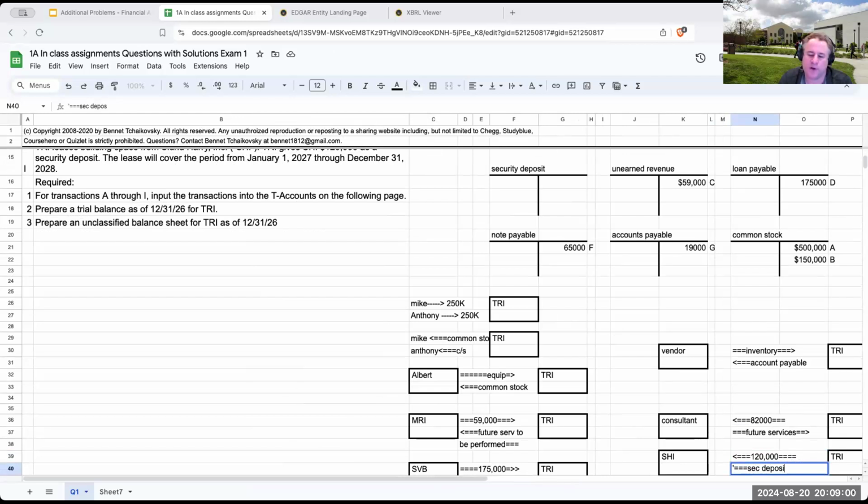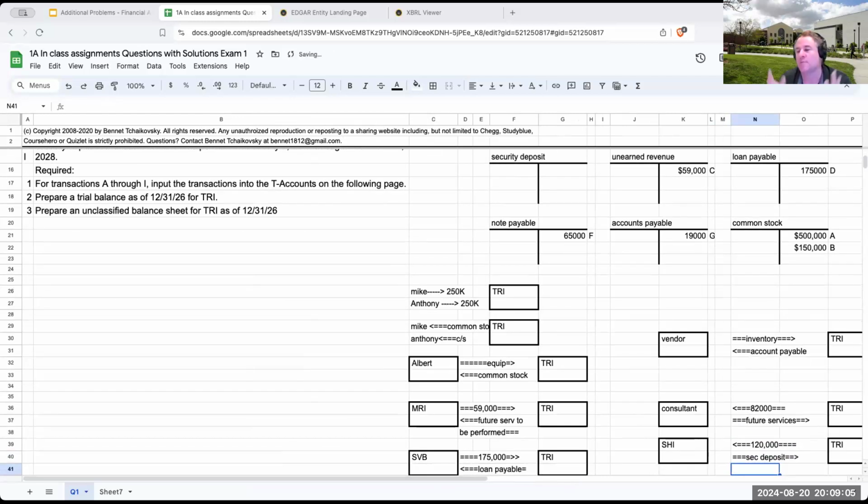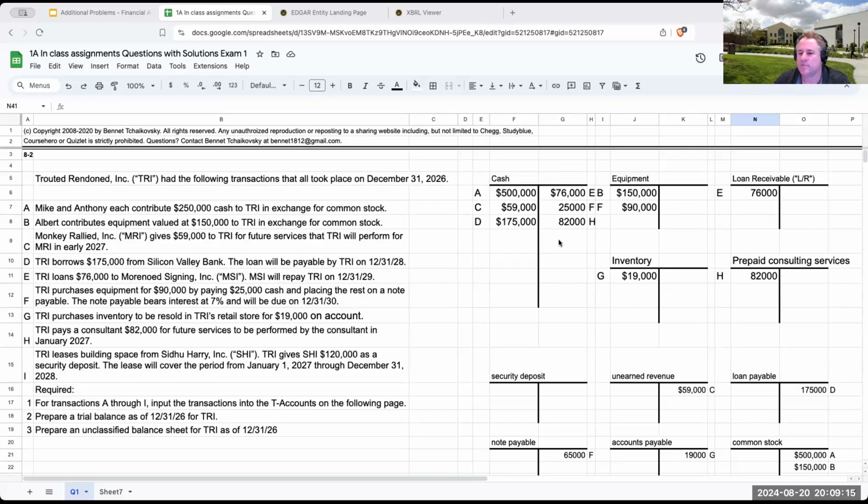With security deposits, if I'm leasing a facility, the landlord may require me to put down a security deposit in case I decide to destroy the place. But I'm generally going to get that deposit back when I move out of the building. So my cash is going down by 120,000, but for every credit, I need a debit. And I'm going to debit security deposit, which is going to be an asset.